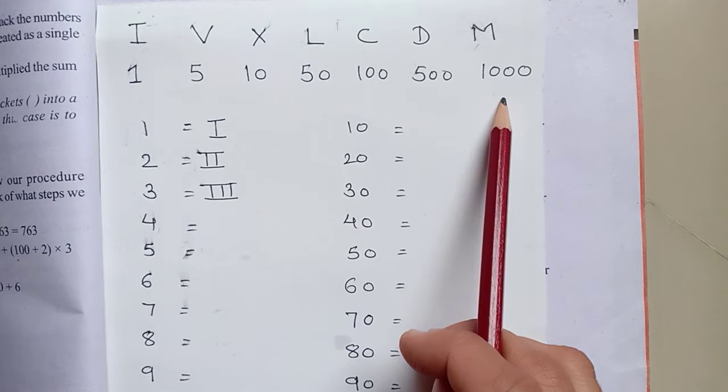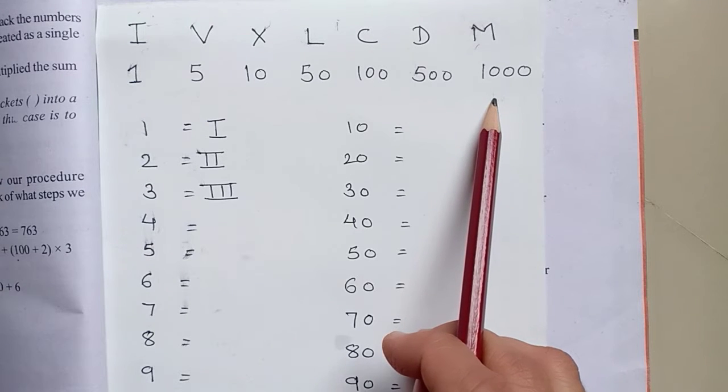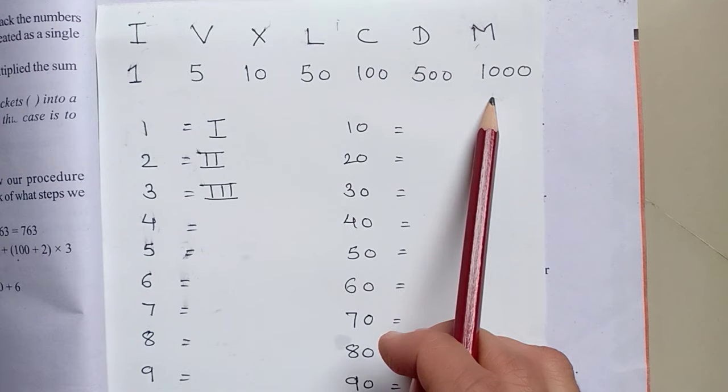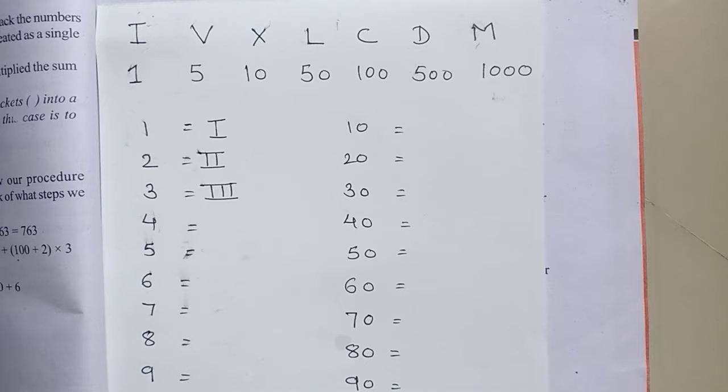Using these letters, you can write Roman numbers only up to 3999. In these letters, there is no single letter used for the number 0. 0 is not denoted by any single letter.